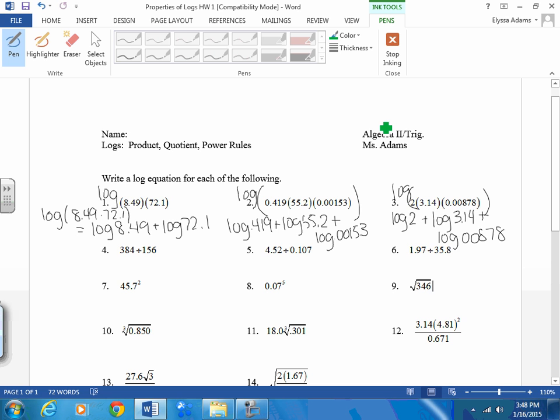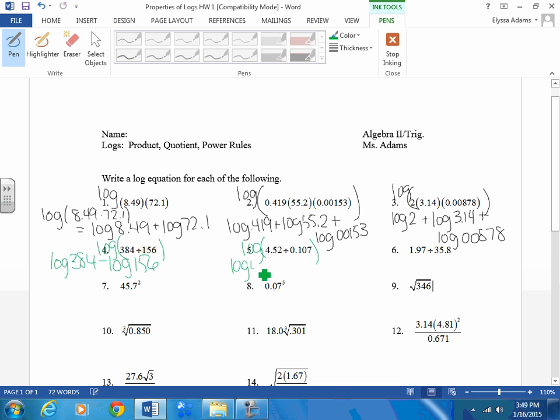For the second row of stuff, we've got division. When we take the logarithm of 2 things being divided, we subtract. So this is going to turn into log of 384 minus the log of 156. When we take the log of number 5, the division will change to subtraction.